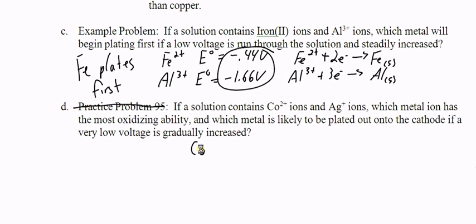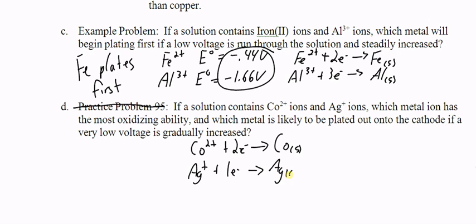Again, Co2 plus plus 2 electrons goes to cobalt solid versus silver plus 1 electron goes to silver solid. The standard potentials for these two are, in the case of cobalt, negative 0.28 volts, and in the case of silver, 0.80 volts.